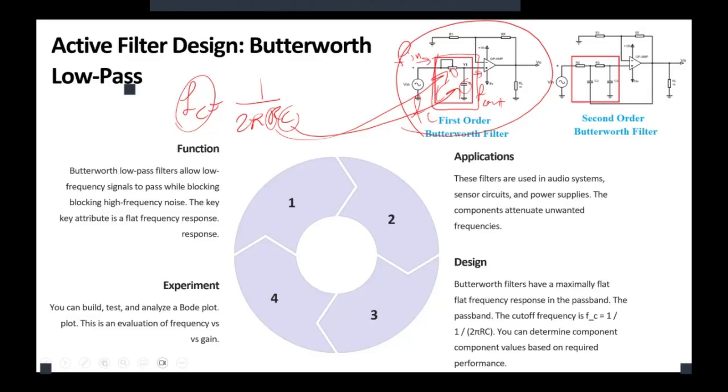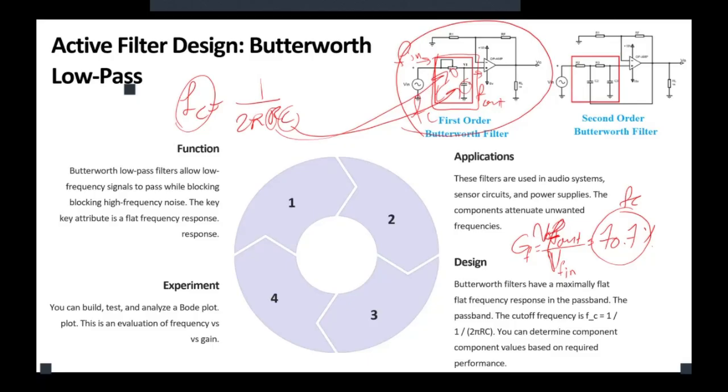The point in the frequency response of the filter where the gain of the filter, Vout, the filter's output over the filter's input, reaches 70.7% of the filter input voltage, is the cutoff frequency place.